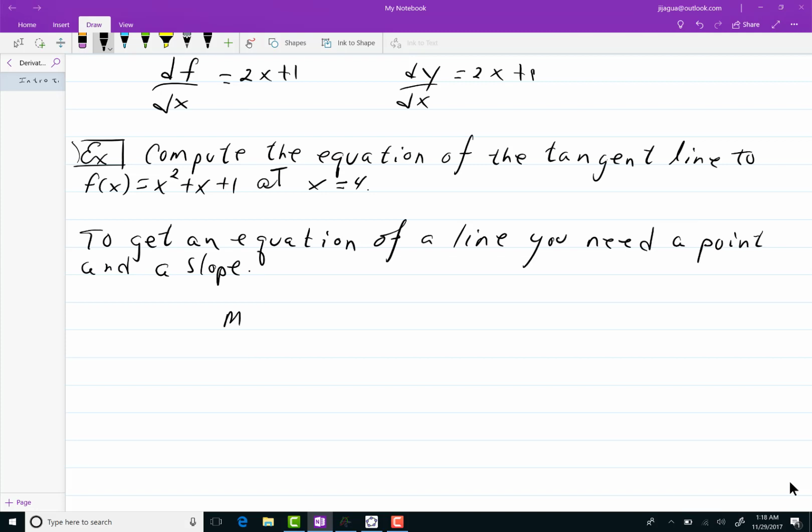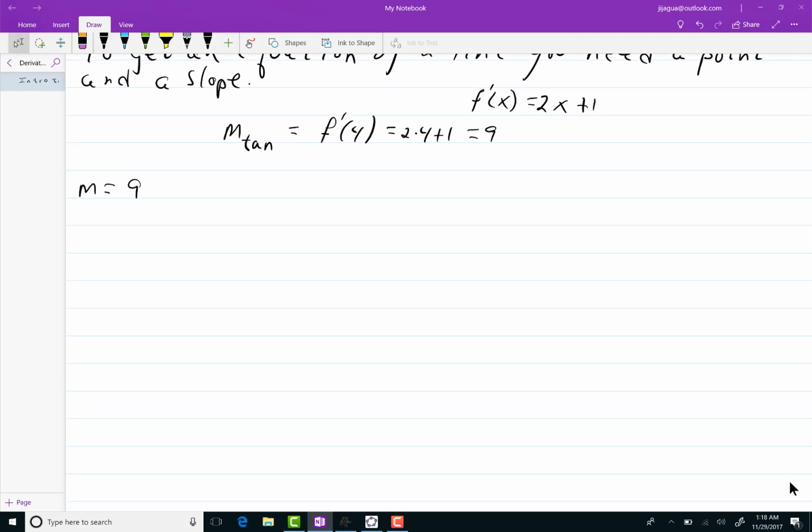M, call it M tan, is equal to f prime of 4, because 4 is the number we want. And remember, f prime of x is 2x plus 1, so if I replace x with 4, I get 2 times 4 plus 1, so that equals 9. So my slope is 9.